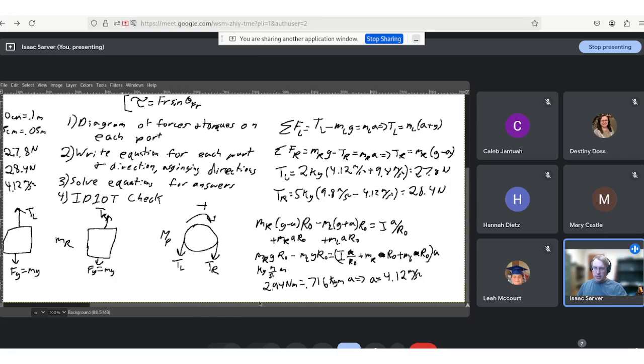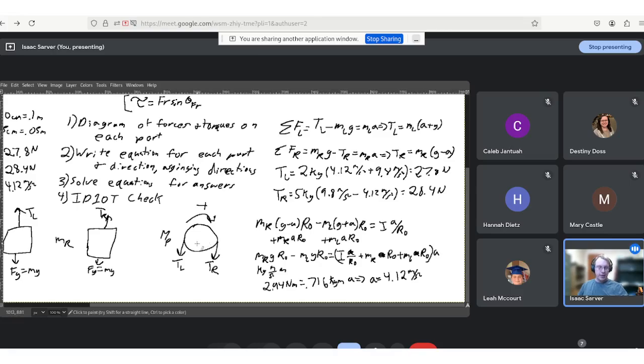Alright. Does that make sense? Why are these guys so close to each other? If my pulley had no mass, then it would take no effort to accelerate the pulley. Well, the difference in tension is the total force that became the total torque, basically, that became the acceleration for this pulley.